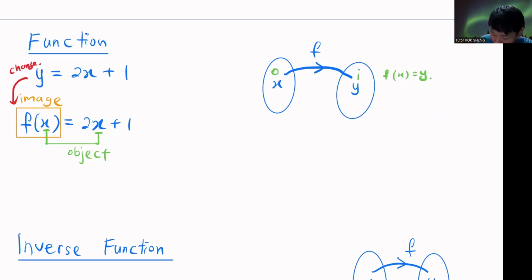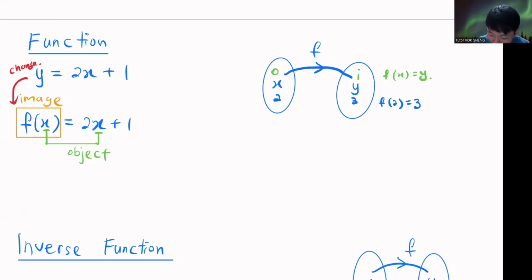Same thing if I put other numbers, let's say 2, 3. So I'm going to write this: object 2, image 3. But be careful, you must see the direction of the arrow. This example that I give you is left to right.